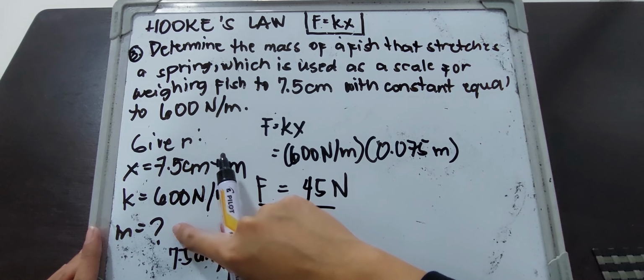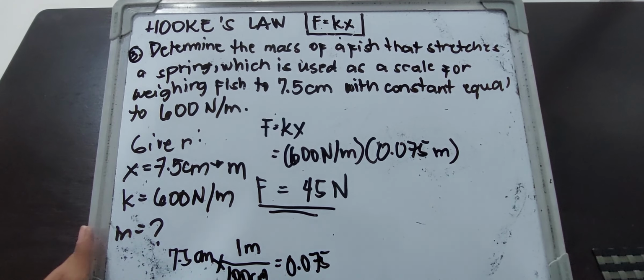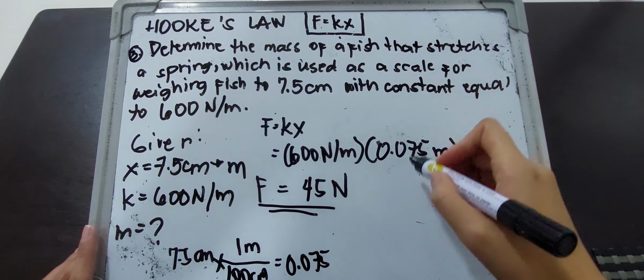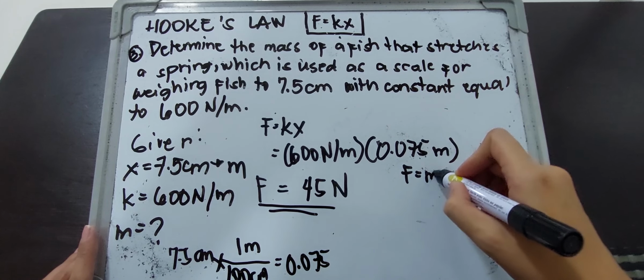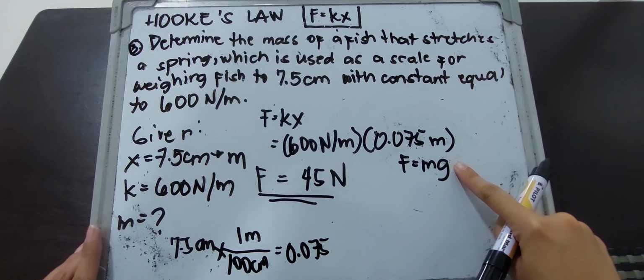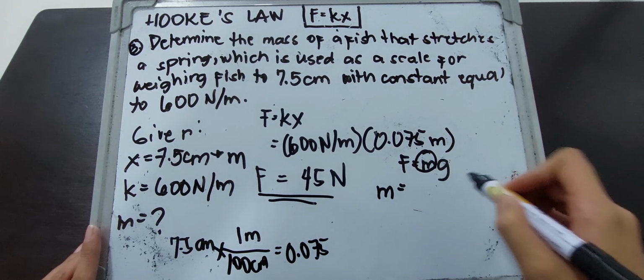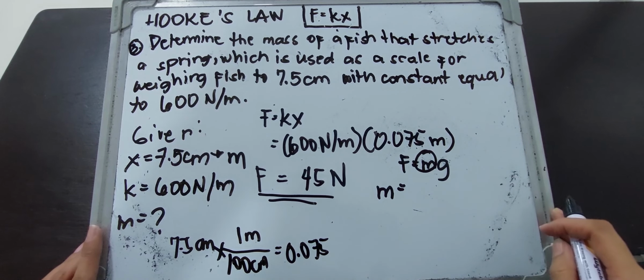But we are going to look for mass or we are going to solve for mass. So, since ang force ay nakukuha pag multiply natin ang mass and the gravitational field strength or the acceleration due to gravity, for us to get mass, ano ang ating magiging formula?